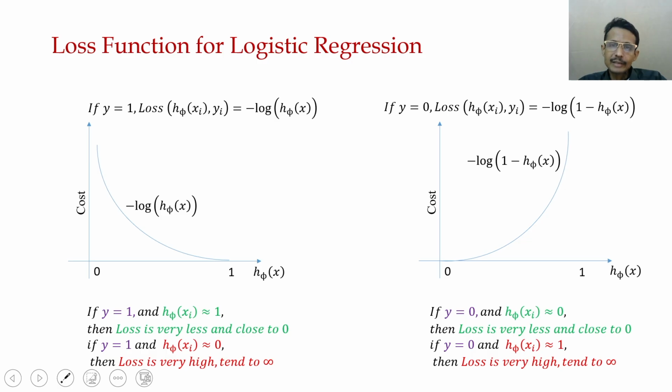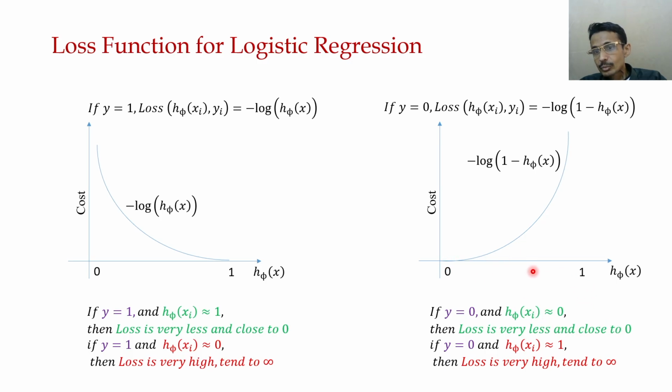Okay, let's try to understand when y is equal to 0. When y is equal to 0, the function is minus log of 1 minus h_theta(x). We plot it. You can see that if y is equal to 0 and h_theta(x) is equal to 0, the cost is very low, almost 0.